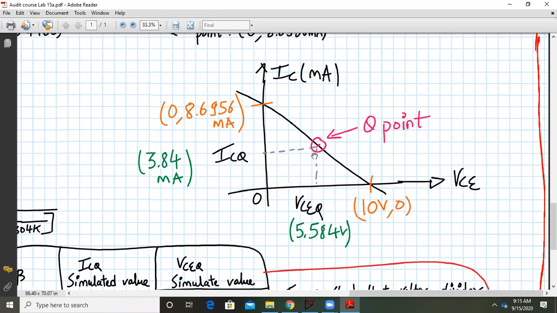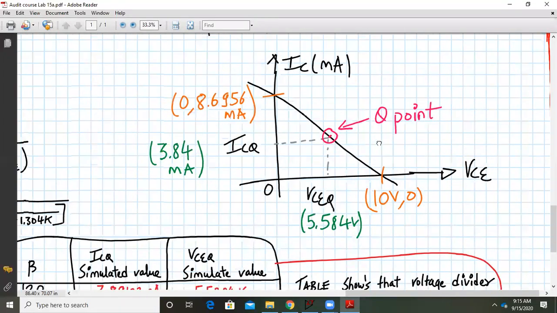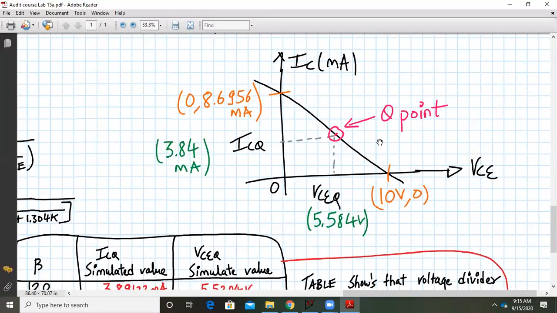If you extend it to the DC load line, this will be my Q point. As you can see, for voltage divider biasing, the Q point is normally at almost the center of the DC load line. So that's how we locate it on the DC load line.